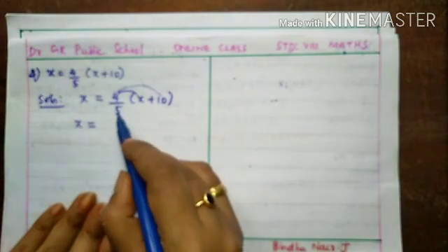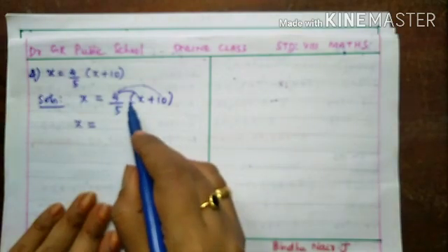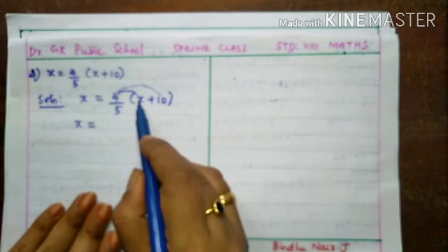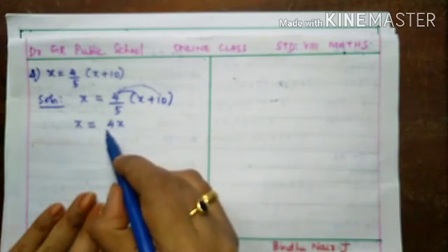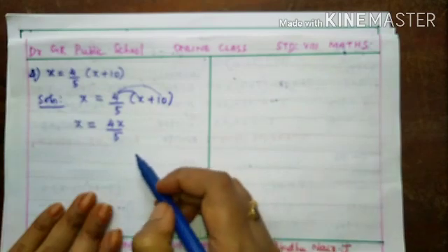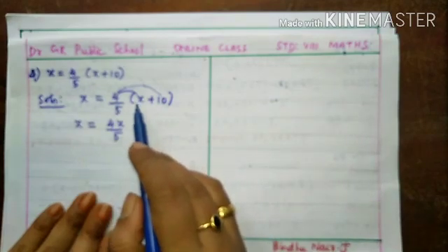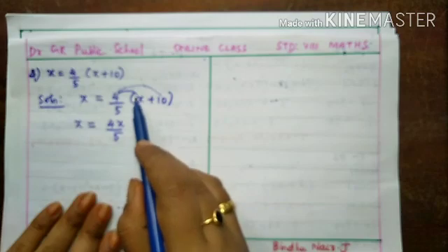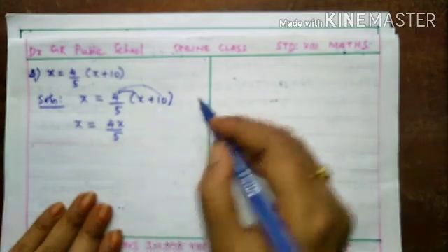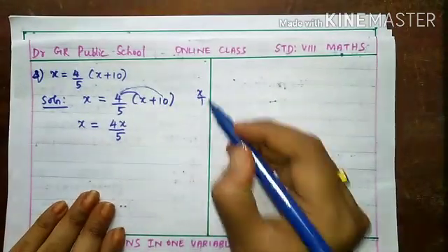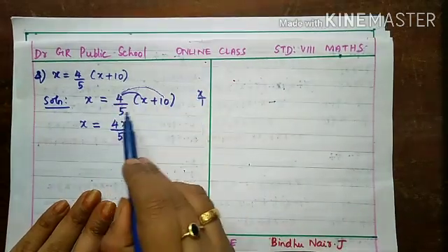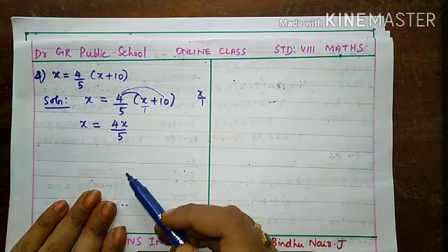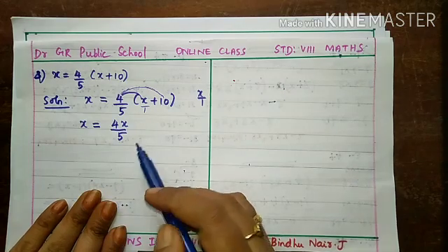So what is 4 by 5 into x? When you are multiplying 4 into x, what is that? Yes, 4x by 5. Okay, we are multiplying the numerators because x means x by 1. So 4 into x, 4x, 5 into 1 is 5. Okay, so that is the meaning.